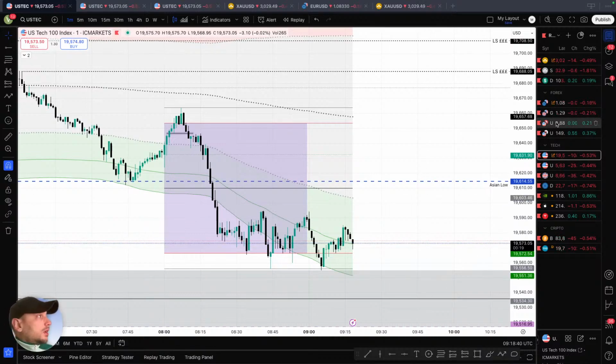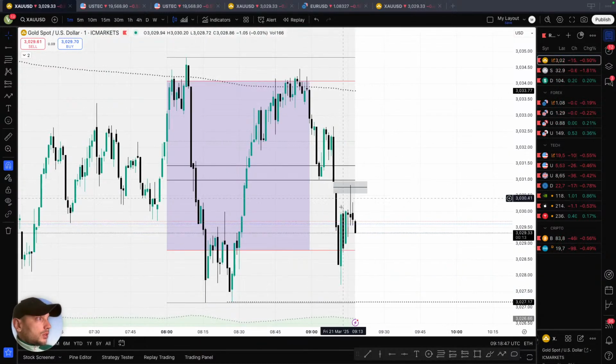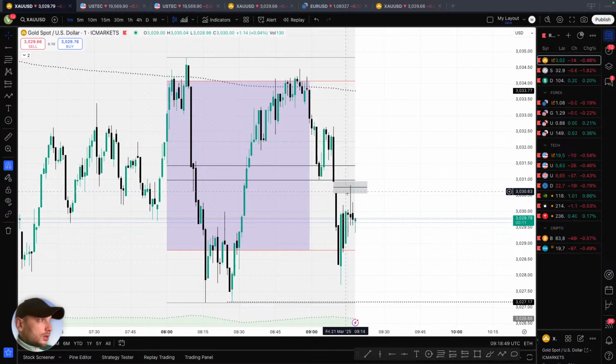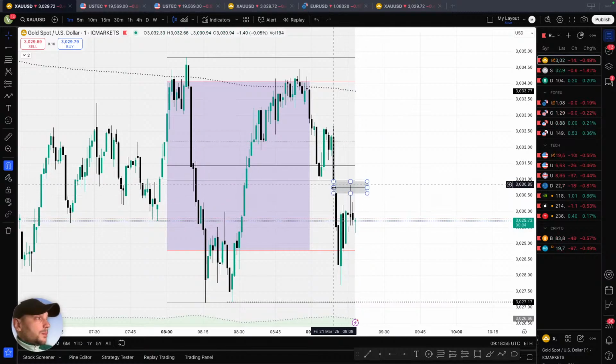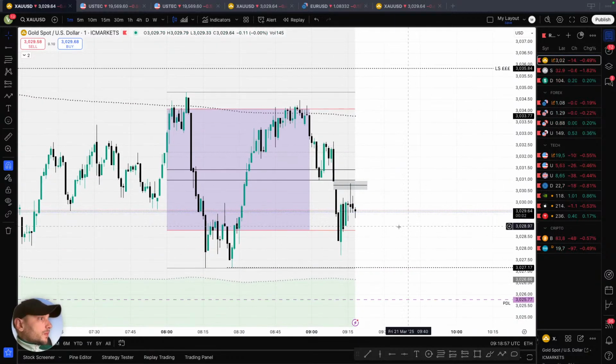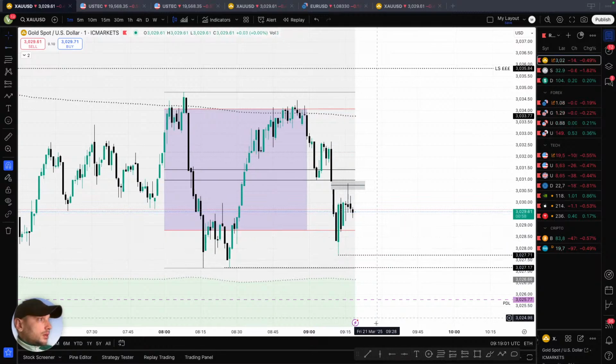US 30, I haven't traded US 30 to be honest. I've been focusing on gold since I started. So I told you this gold we want to fill this imbalance gap. So we saw very good reaction here. So now we can keep going down to this liquidity.